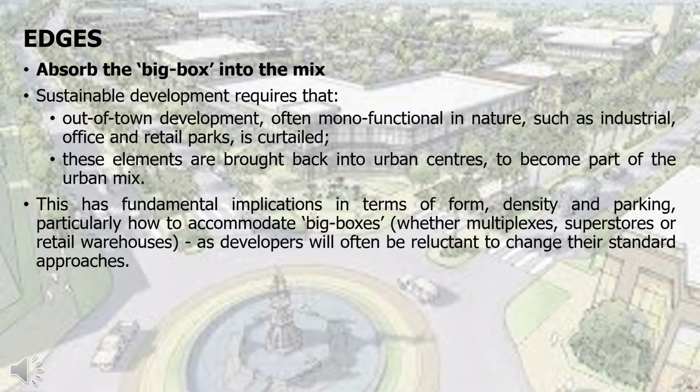These are minimum small warehouses, but we can have bigger warehouses. And when we see them from top view, they look like big boxes on the regional map, right? So we have to have these big boxes absorbed within the mixed development that is being proposed.